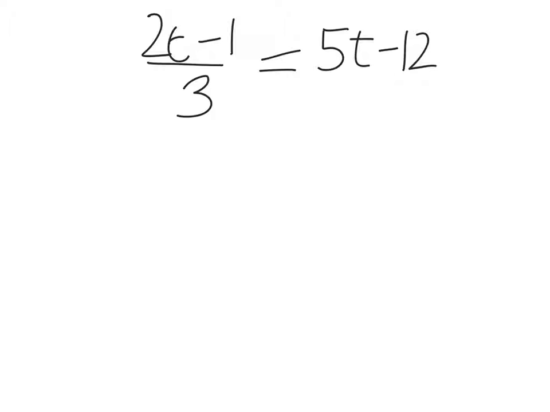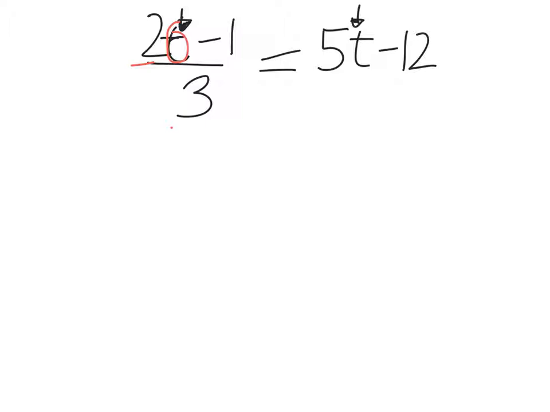We want to find a value we can substitute for t in both places, here and here, to make the statement true. So we can actually use the processes I was just going through, subtract the t with the lowest coefficient. So this t here has a coefficient of 2 over 3, so it's the lowest one, and we could subtract 2t over 3 from both sides.